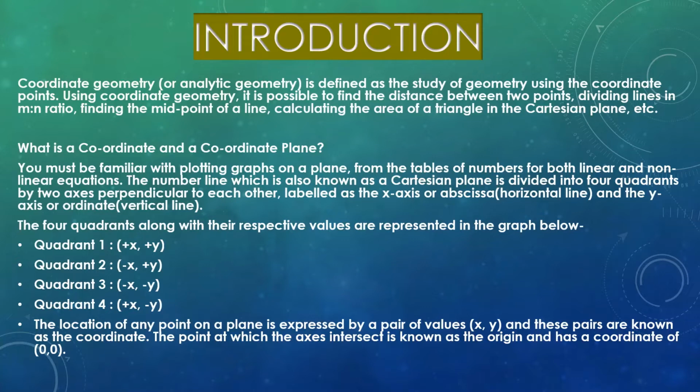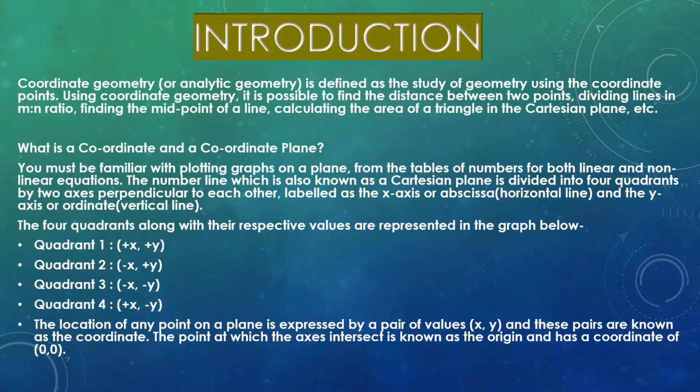The quadrants are quadrant 1 (x, y), quadrant 2 (-x, y), quadrant 3 (-x, -y), and quadrant 4 (x, -y). The location of any point on a plane is expressed by a pair of values (x, y), and these pairs are known as the coordinate.